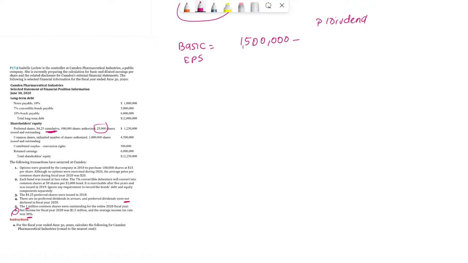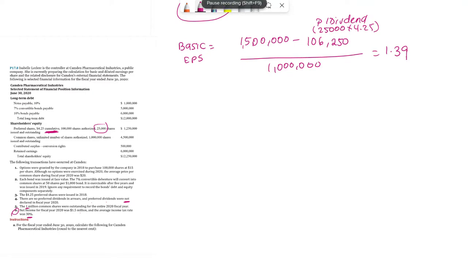Even though they're not declared, they're cumulative, so we have to deduct the current year's dividends. How do we do it? Number of shares times the $4.25. In this case, it is 106,250, divided by the number of shares outstanding, which is 1 million, and that gives me a basic earning per share of $1.39.